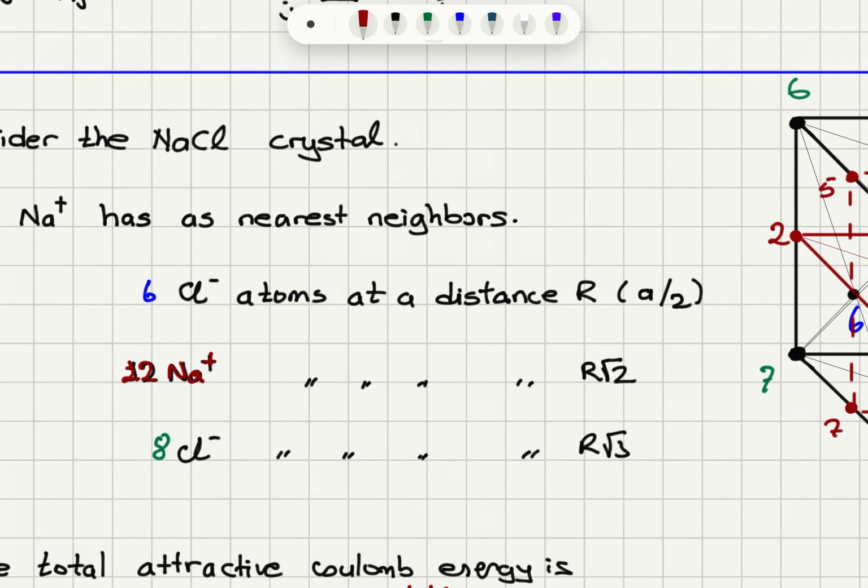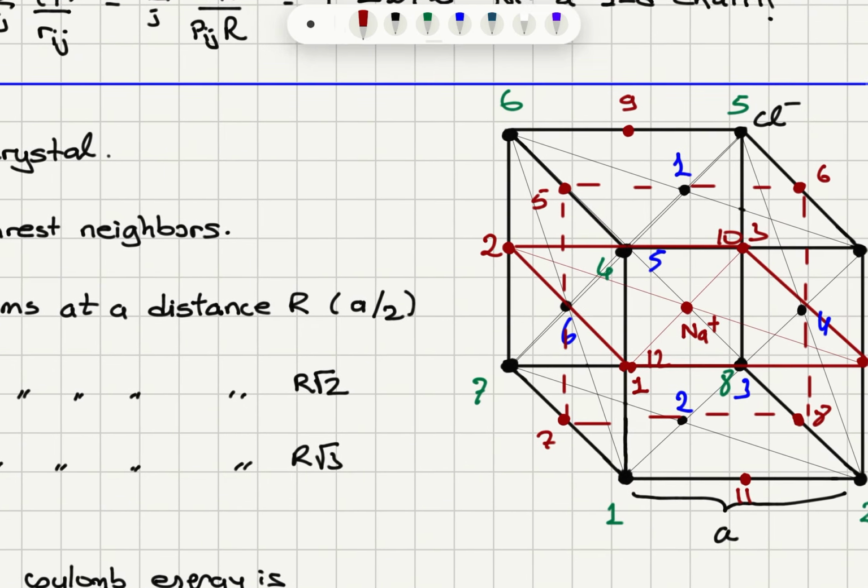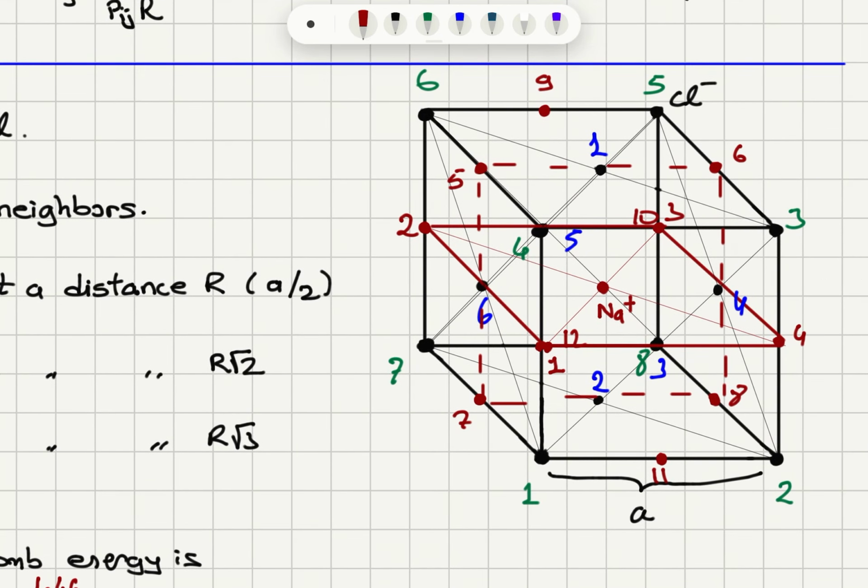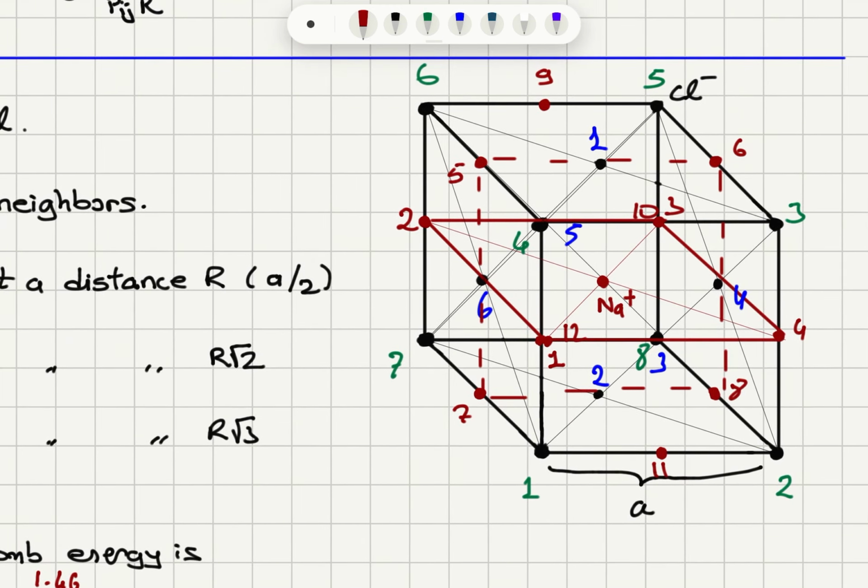And then I have 12 sodium plus atoms at a distance R square root 2. So you can count those atoms. Those are the sodium plus atoms. We will have 1, 2, 3, 4. Those are the ones that are on the same plane with the sodium plus.